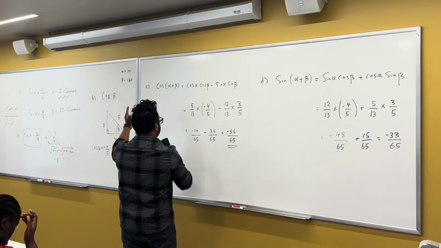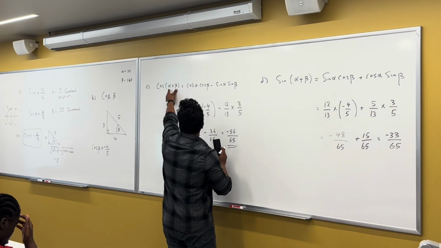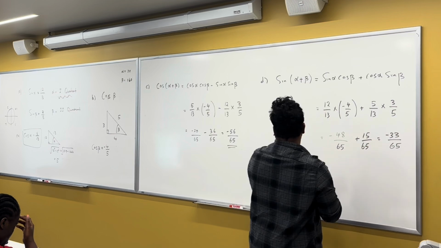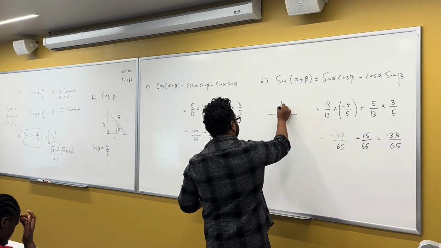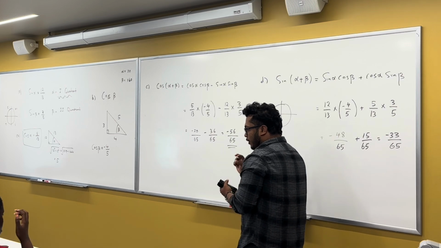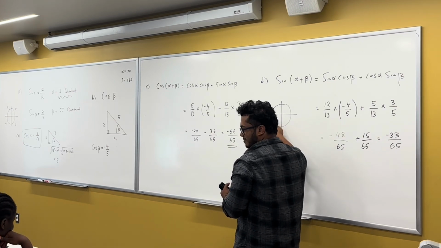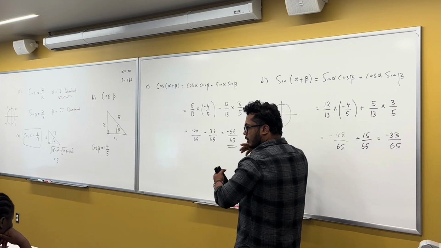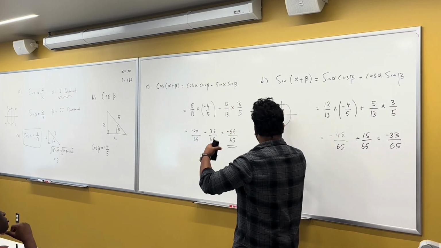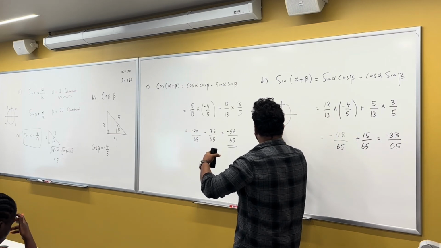If you add them, you go to the third quadrant, because you see cosine of that sum angle is negative and sine of that sum angle is negative. In the third quadrant both sine and cosine are negative. So the sum of those two angles lies somewhere here. You can do a little visual geometry to understand. Alpha is somewhere here, beta is here, and if you add them, it stops here.